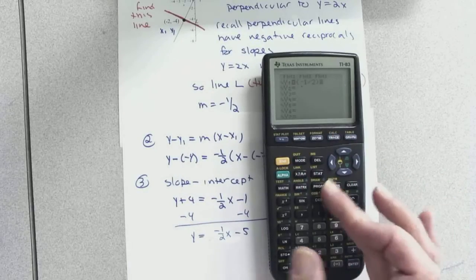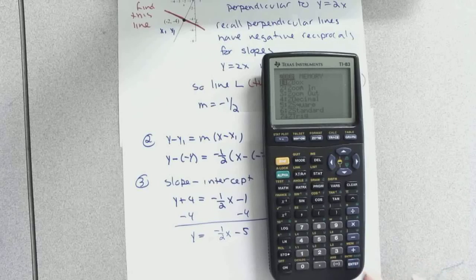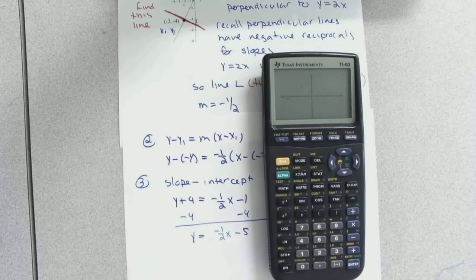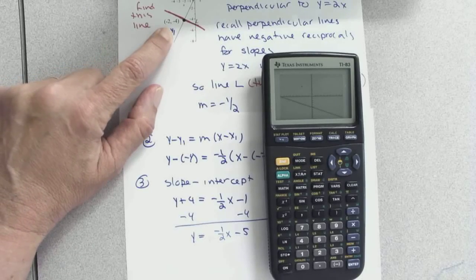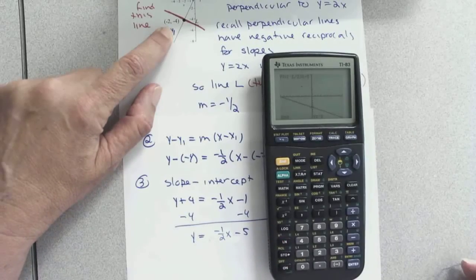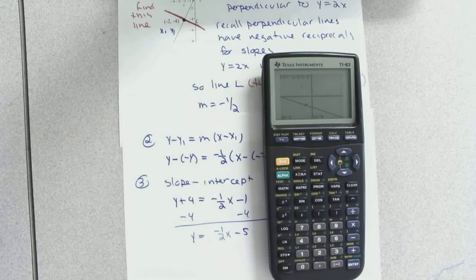Standard window to begin with, zoom 6. And that was supposed to go through the point negative 2, 4. So let's trace it. Negative 2, enter. Negative 2, 4, so I feel good about life.